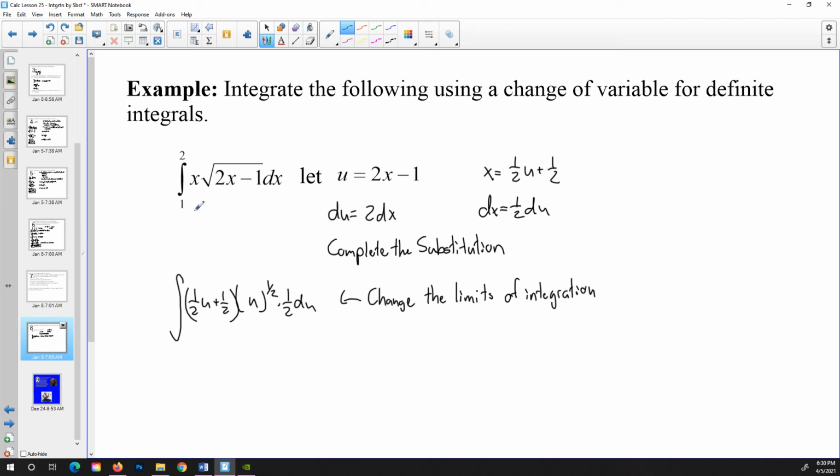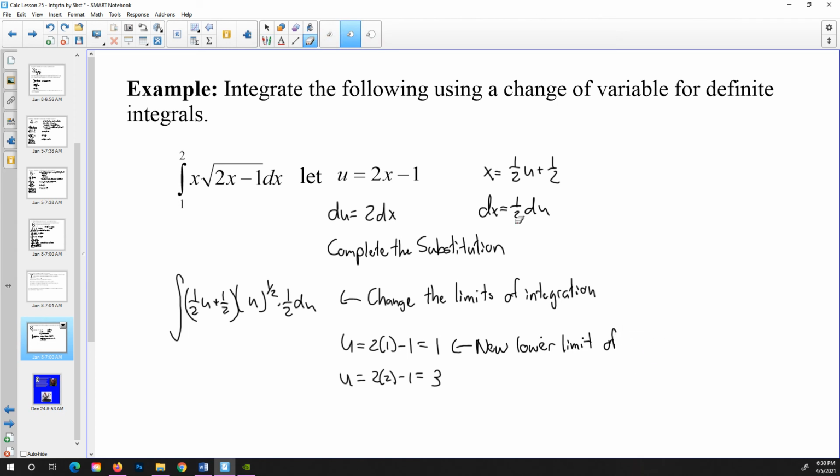So what I'm going to do is plug 1 and 2 into this equation and get new limits of integration. So u equals 2 times 1 minus 1, which is 1. And then u equals 2 times 2 minus 1, which is 3. So this is my new lower limit, and this is my new upper limit of integration.